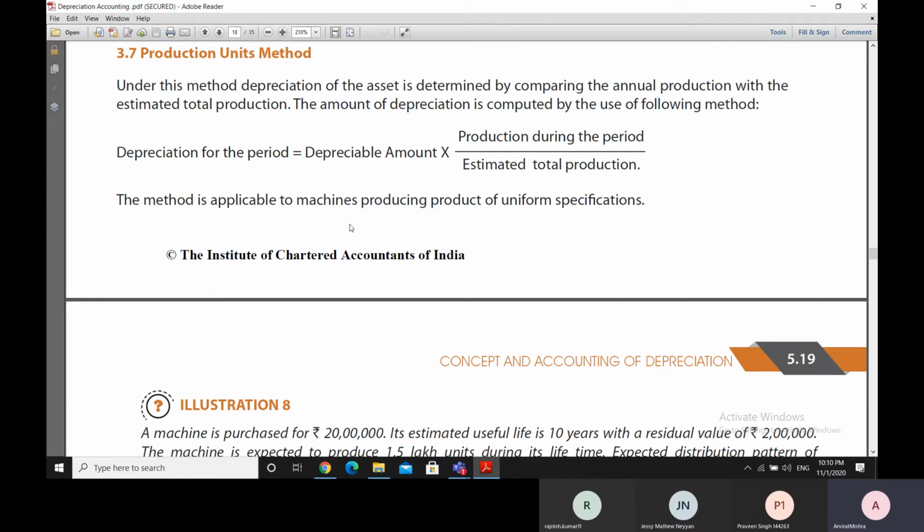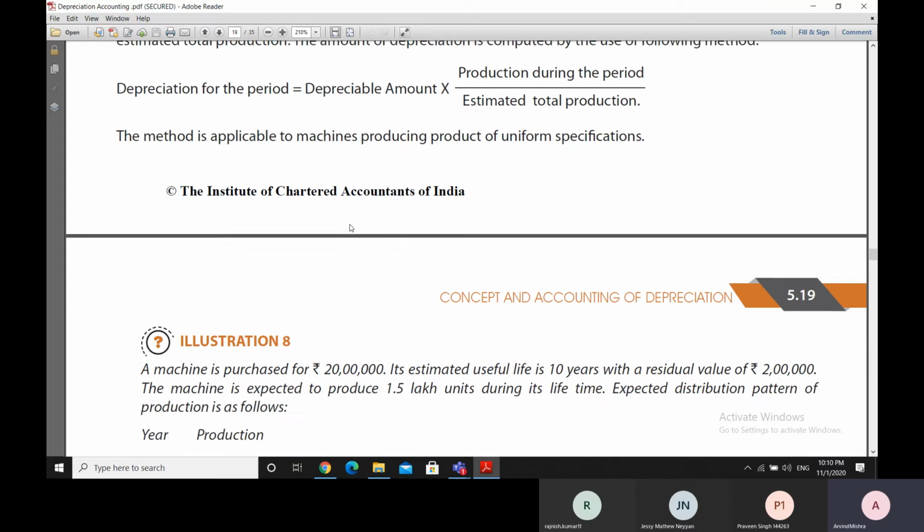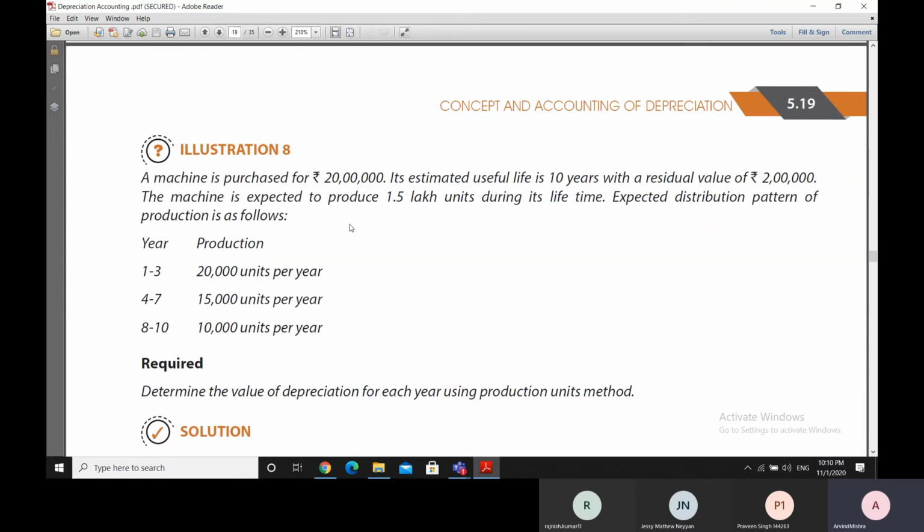because in this method whether the machine is actually working is not that important. How much it is producing, that is more important. That is perhaps more rational also, but it can be used only where the machine is producing product of uniform specifications. We'll take an illustration of this.